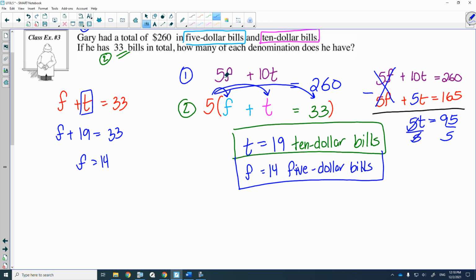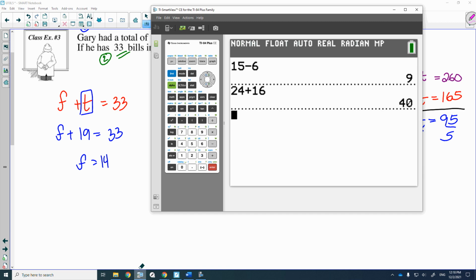Then you would check $5 times each, how many $5 bills he has. So he has 14 $5 bills, right? So 5 times 14 plus 10 times how many $10 bills does he have? 19. So you would type this in your calculator, 5 times 14 plus 10 times 19, and it has to equal 260 in order for us to be correct.